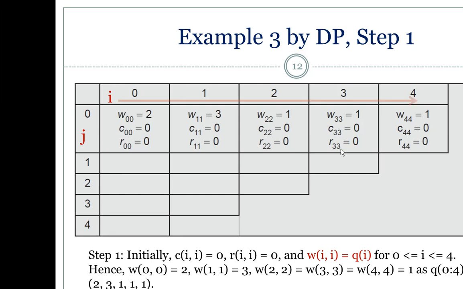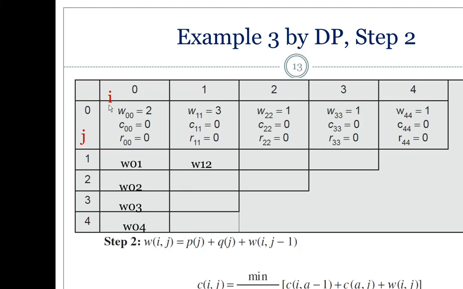In step 2, in this box we are going to find out the value of W of 0 1, C of 0 1 and R of 0 1. In this box we are going to find out the value of W of 1 2, C of 1 2, R of 1 2. Likewise, for this complete row we are going to find out the values.